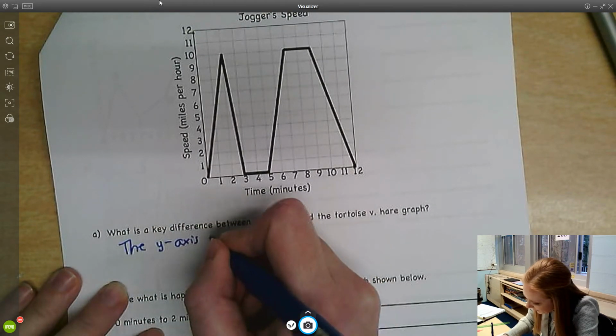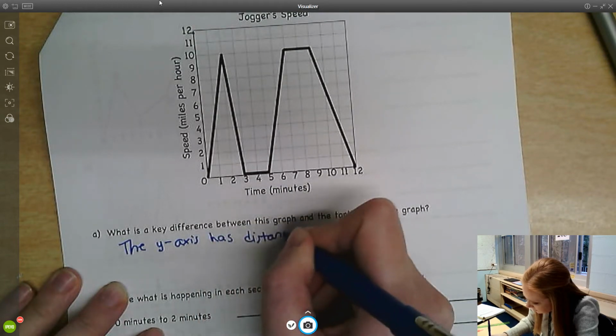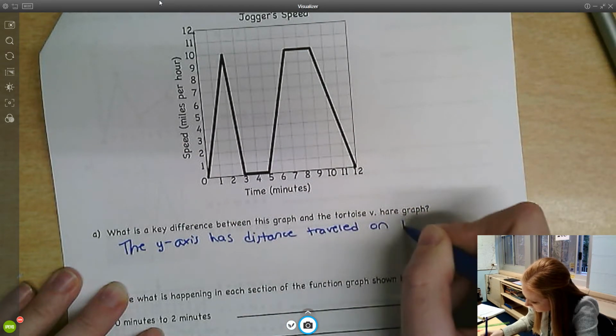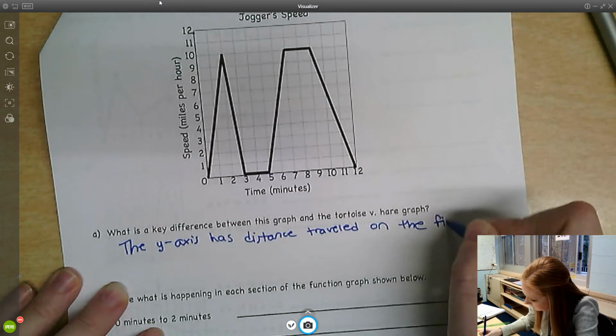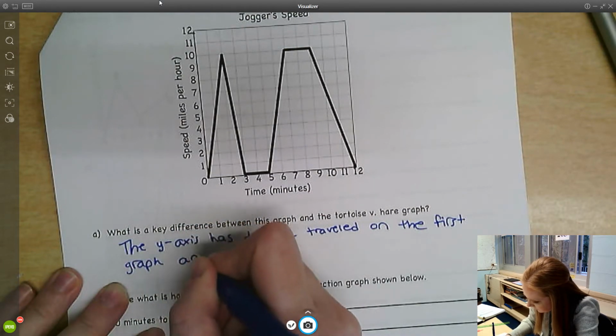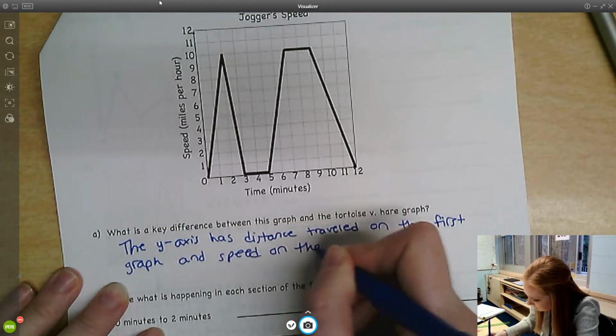So the y-axis has distance traveled on the first graph, and speed on the second graph.